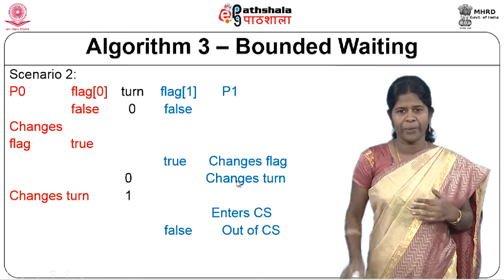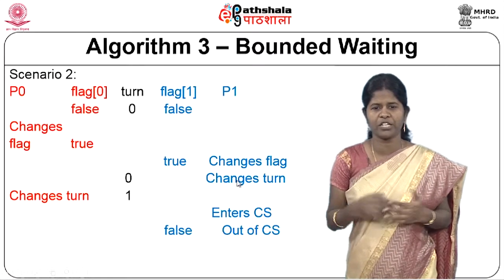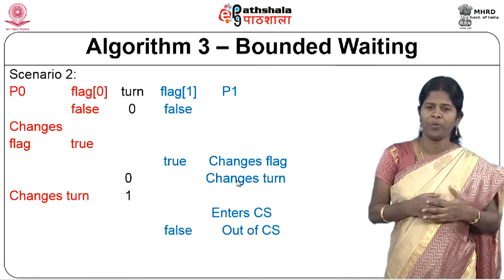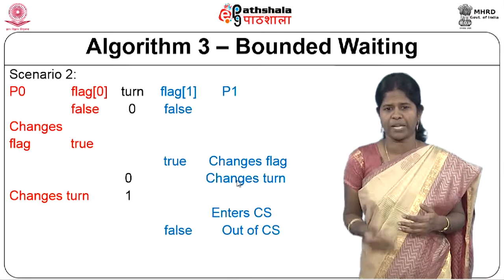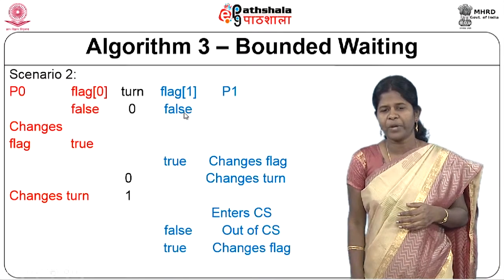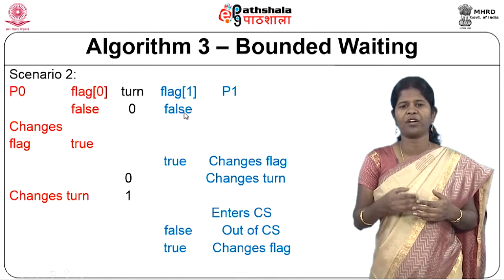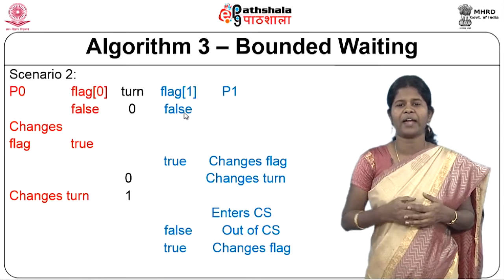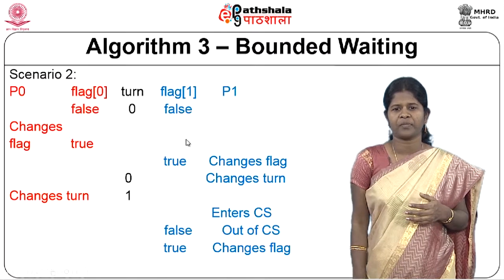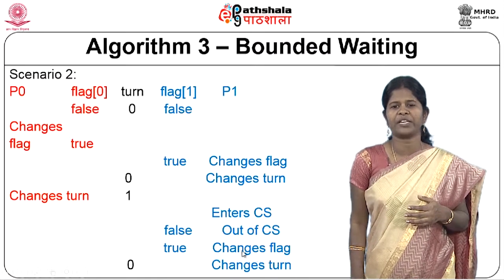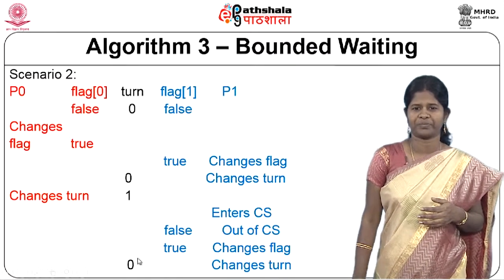Now, say P1 continues to use the CPU, there is no context switch, and P1 wants to enter critical section the second time. So, P1 changes flag of 1 to true and it tries to enter critical section. And what does it do? It tries to change the value of turn equal to 0.